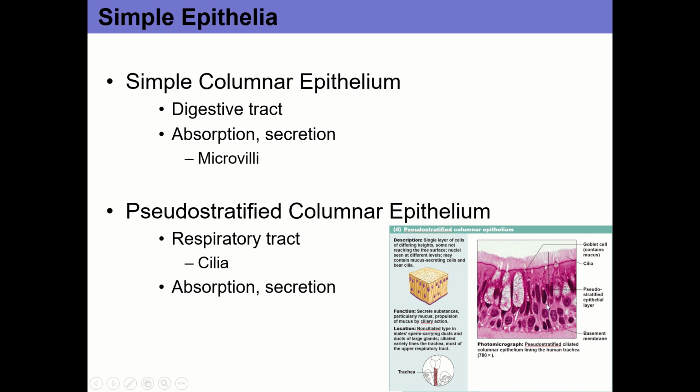It looks like there are multiple cell layers because of the nuclei at different levels and the little mucin vesicles at different levels. But in fact there's only one. So it's pseudostratified because it looks stratified, but it's not, and it is still effectively simple columnar epithelium. It just has a little bit different appearance.